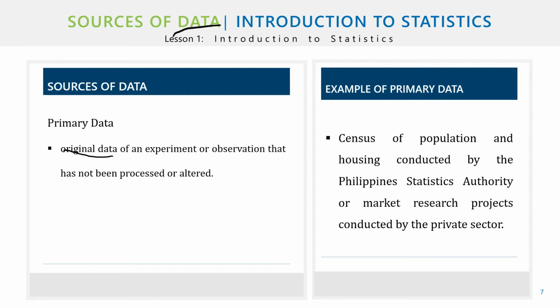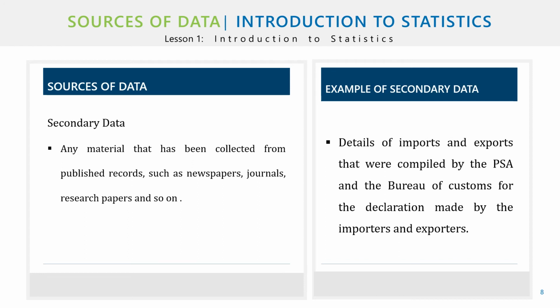Kapag sinabi natin primary data, we are dealing with original data. Okay? However, if we are talking about secondary data, we are dealing with any materials that has been collected from published records, such as newspapers, journals, research papers, and so on.